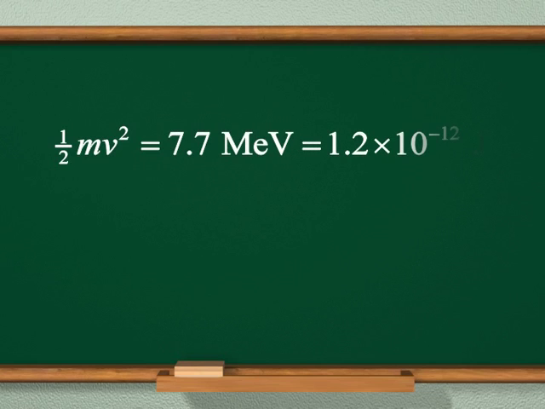It is given that the maximum kinetic energy found in alpha particles is 7.7 mega electron volt or 1.2 into 10 to the power minus 12 joule.